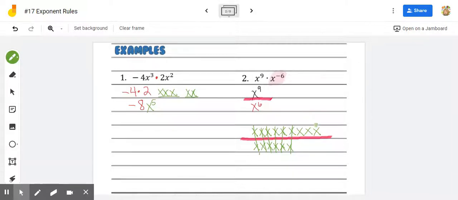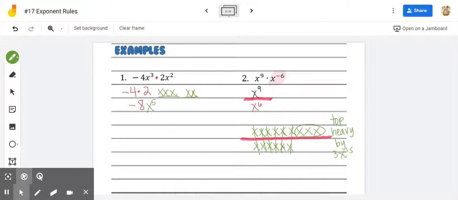And in particular, once you have nobody else to cross out, we are top heavy by 3 x's, which means my answer is x to the power of 3, since I have 3 of those. And you could put this over 1 if you wanted. Or we could just write this as x to the power of 3 as our final answer.